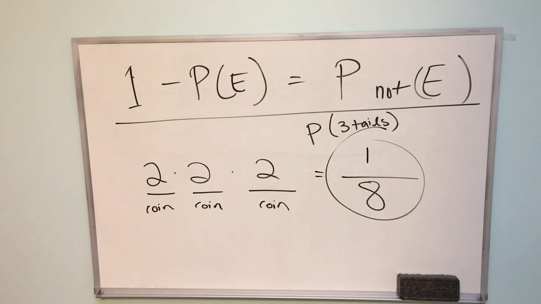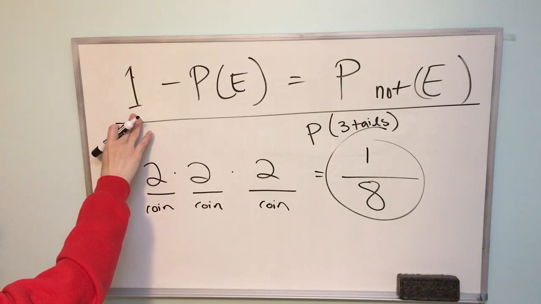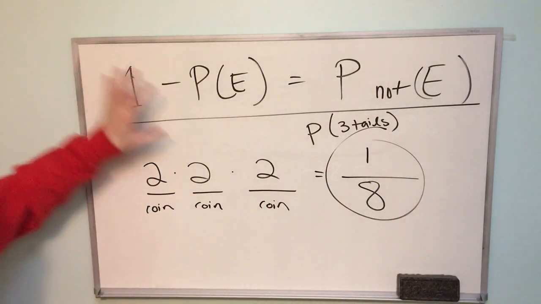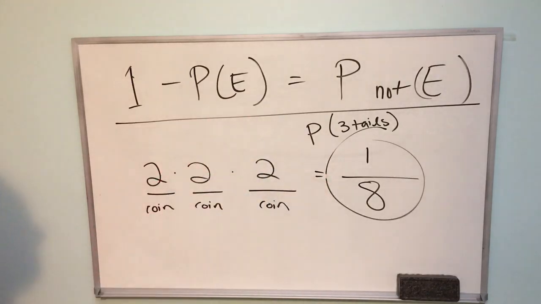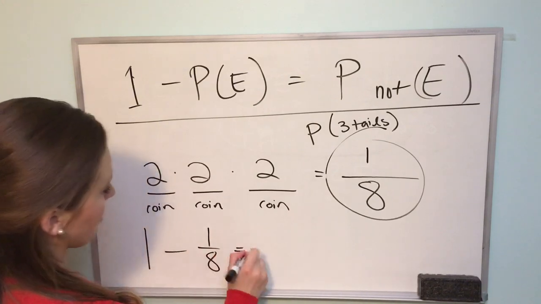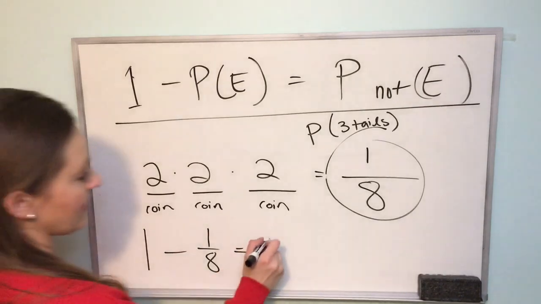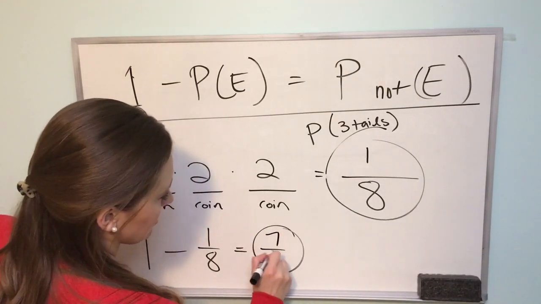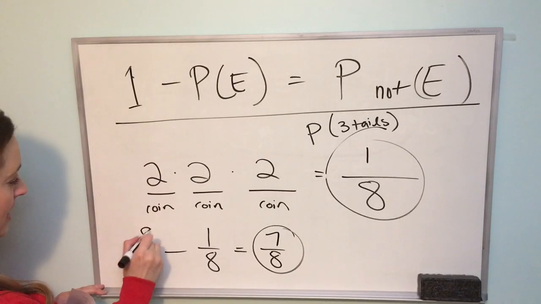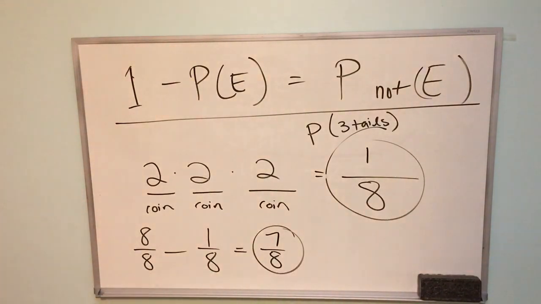So I have to say 1, or 100%, stick with 1, it'll be easier in my math lab. 1 minus this, and that's the correct way to do it too. 1 minus this equals the probability that it's not going to happen. So I'm going to say 1 minus 1/8 equals what? And you might know the other part of 1/8 to get to 1 is 7/8. And there's your answer. Or you might have to do your fraction math and convert 1 to 8/8. 8 minus 1 is 7, and you keep the denominator the same. Good.